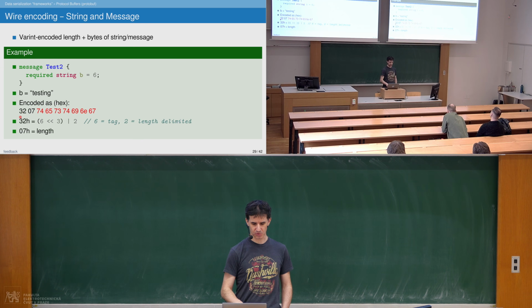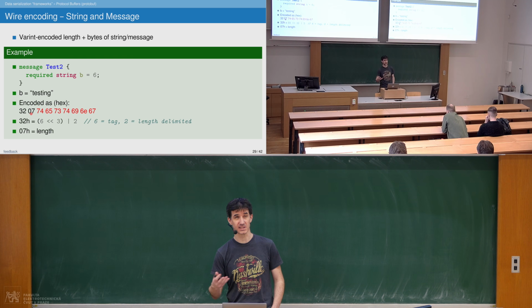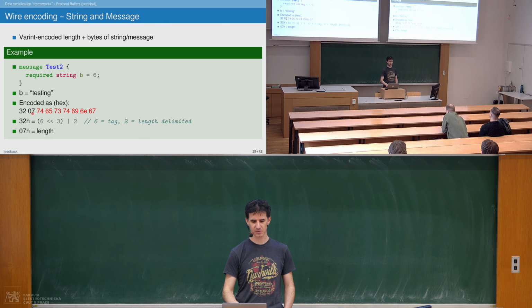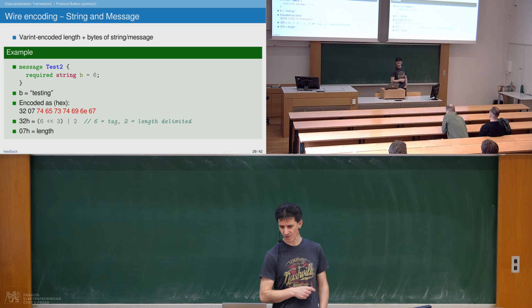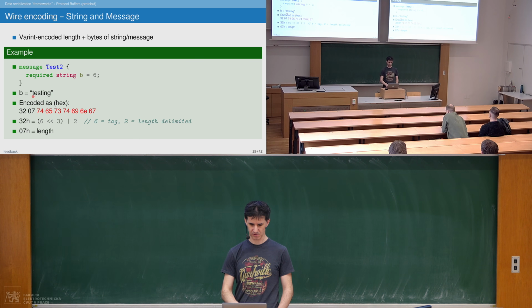So this is the key, and the value again is var-int here. 7 is the length of the string. Because it's less than 7 bits, we don't have to change that value, so it's just the length of the string. And then these are ASCII values of the string testing here.